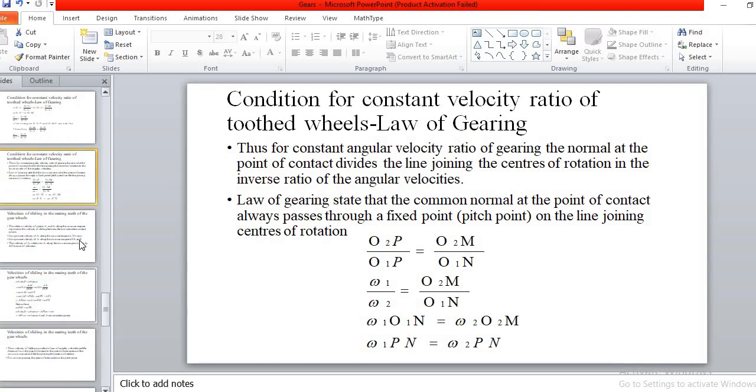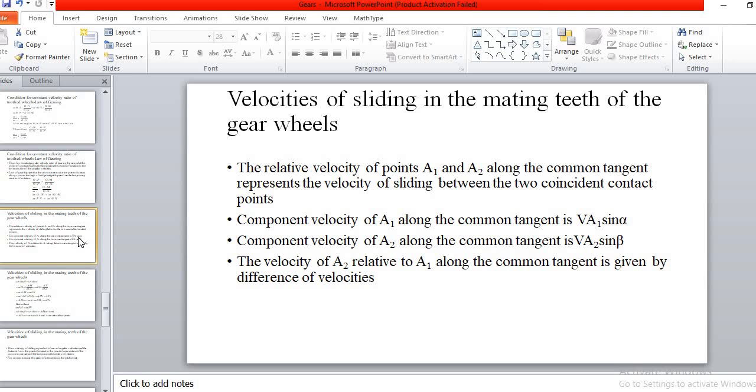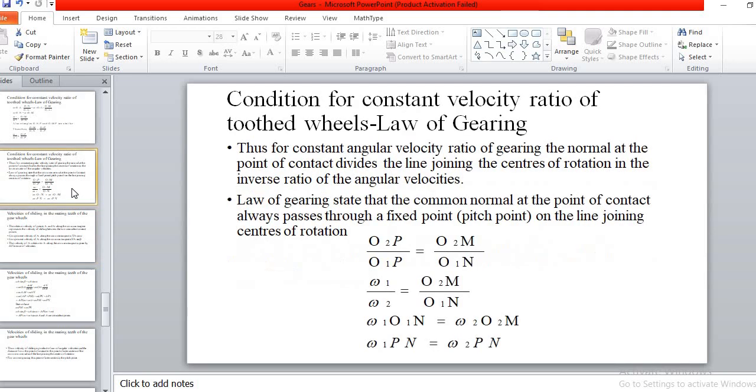So this will become like this. So here we discussed the law of gearing. This is again modified in terms of the pitch length.